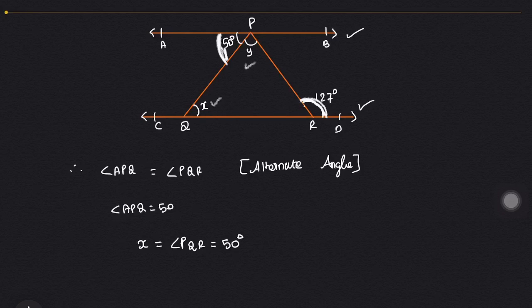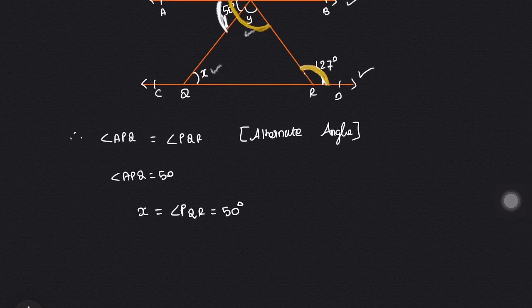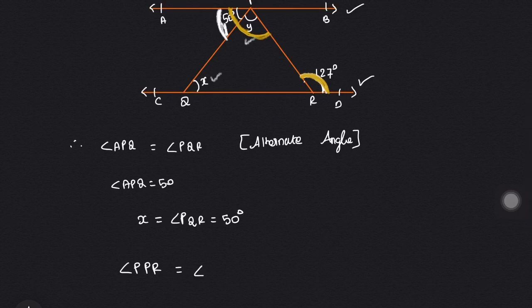Then we need to find angle Y also. Just consider this total angle. This angle is the alternate angle of angle PRD. So just find angle APR is equal to angle PRD.